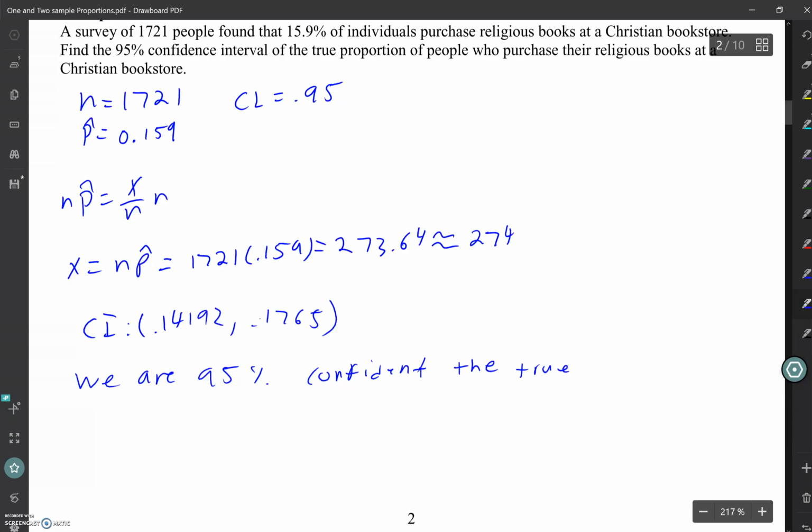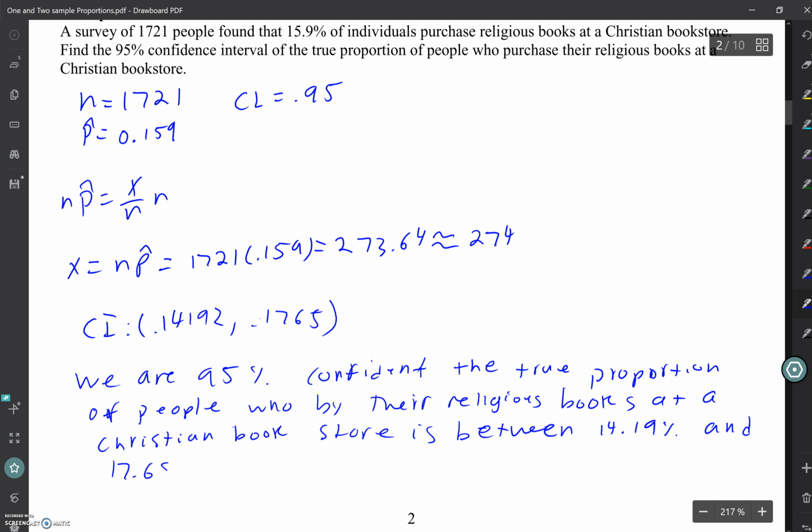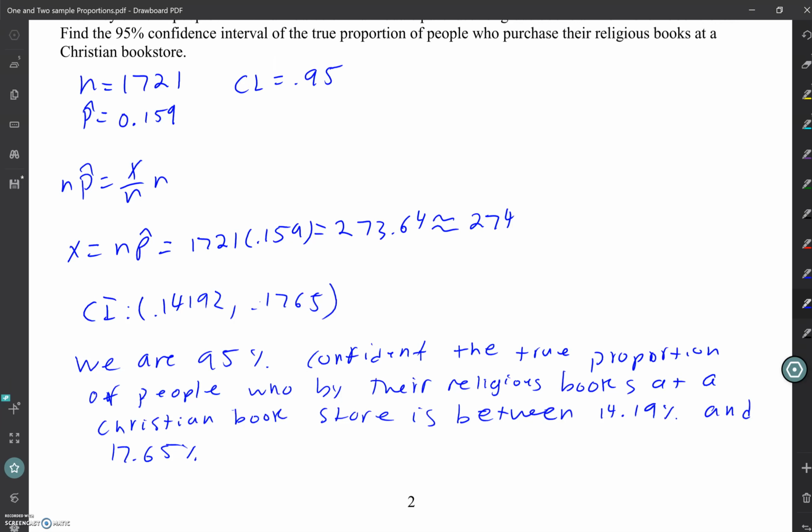So the true proportion of people who buy their religious books at a Christian bookstore is between 14.19% and 17.65%. Questions on that?